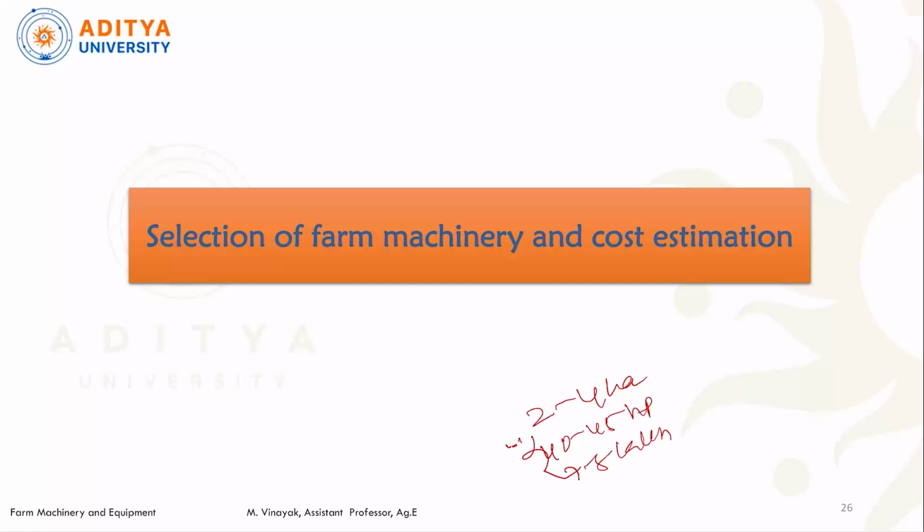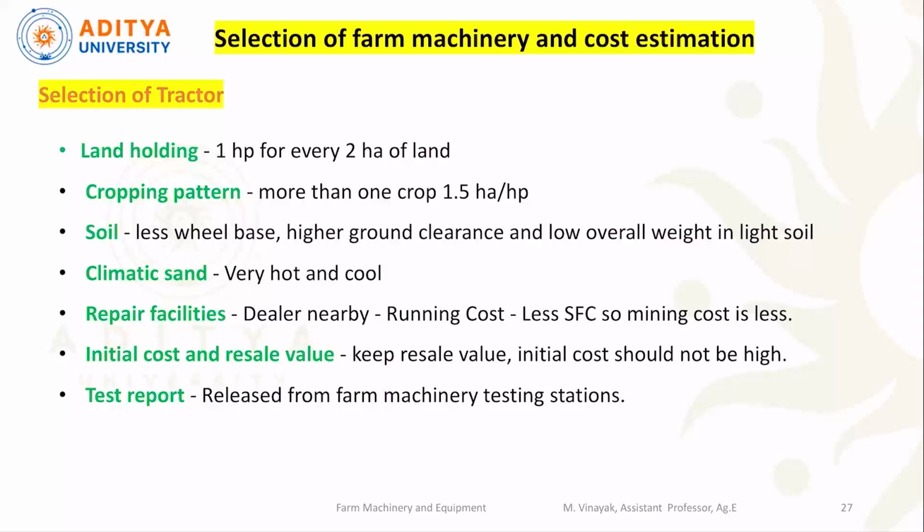This is not necessary for a land holding of 2 to 4 hectares. Based on the land holding, the type of crop grown, the soil type, and the climatic condition, we can select the farm machine. We can explain this in detail in the next slide.